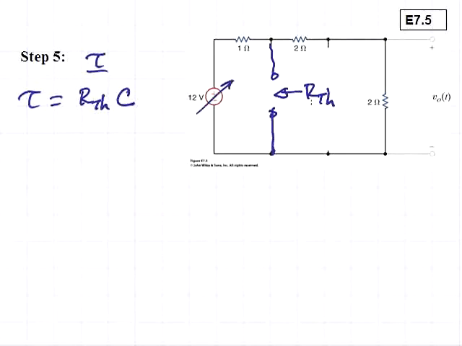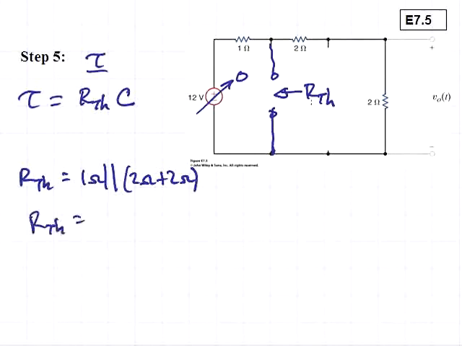We set the voltage source to 0, and we'll find that R Thevenin is equal to 1 ohm in parallel with 2 ohms plus 2 ohms, or R Thevenin is equal to 1 times 4 divided by 1 plus 4, which is 4/5 ohm.